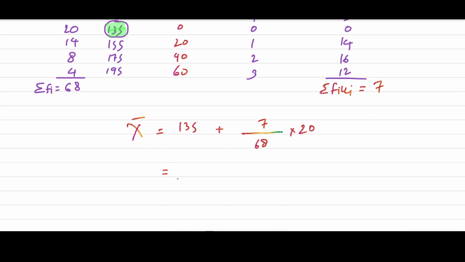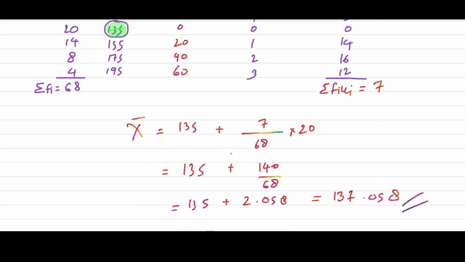Now solve this. 135 plus 140 by 68, simplify this, we will get 2.058, so 137.058. Clear? This is the value of mean.